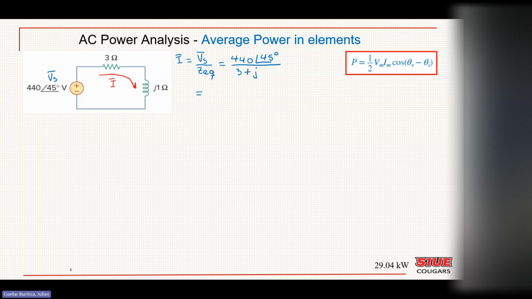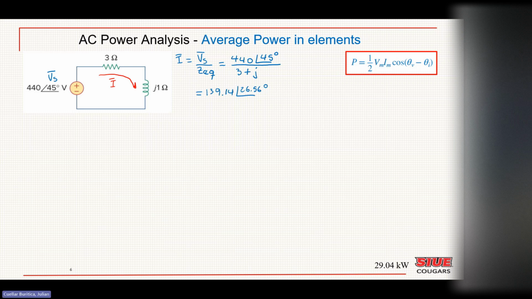Okay, then from here, our current was equal to 139.14 at an angle of 26.56 degrees.